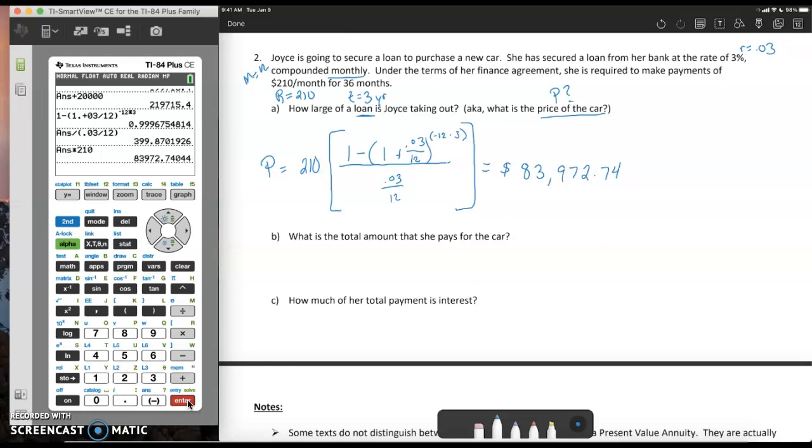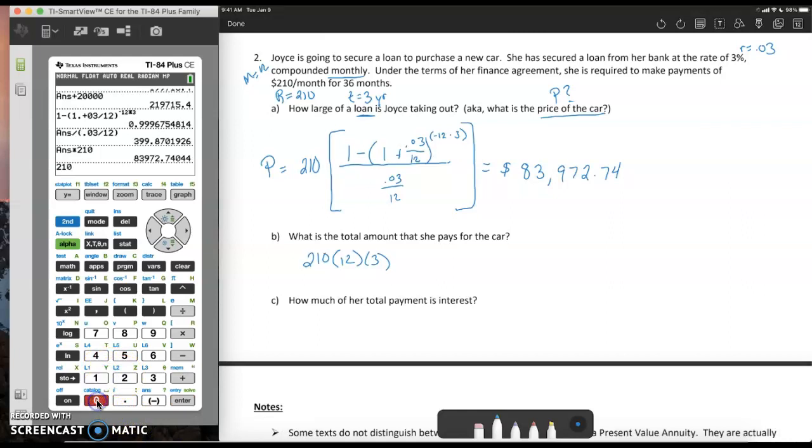What's the total amount she pays for the car? Okay, well, she pays $210 every month, so 12 times a year for 3 years. So I feel like maybe I did something wrong here. I don't think that that's right at all.